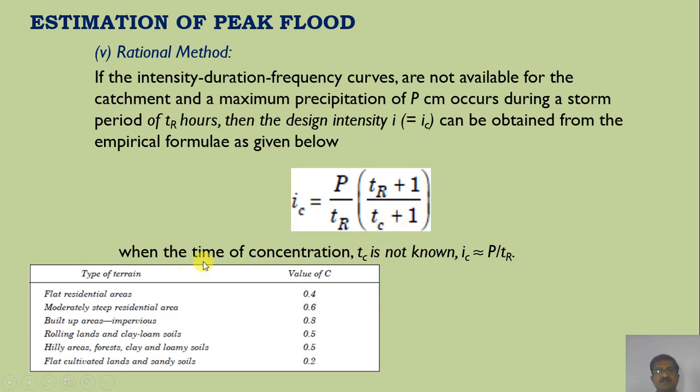Where the time of occurrence TC is not known, IC is equal to P divided by TR. Depending upon the terrain, that particular value differs. So we have to remember this method to calculate IC.